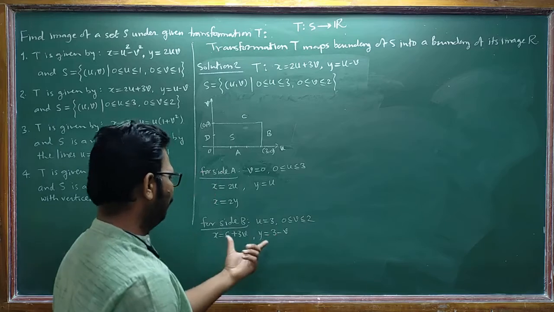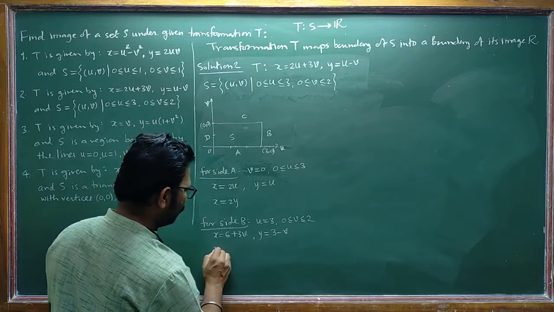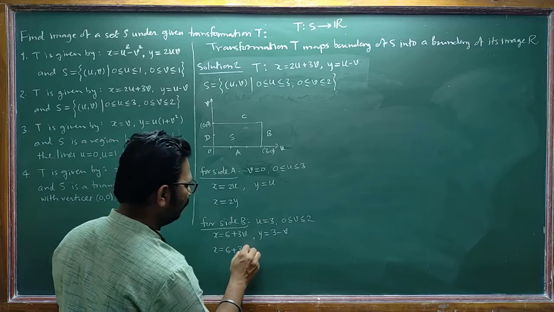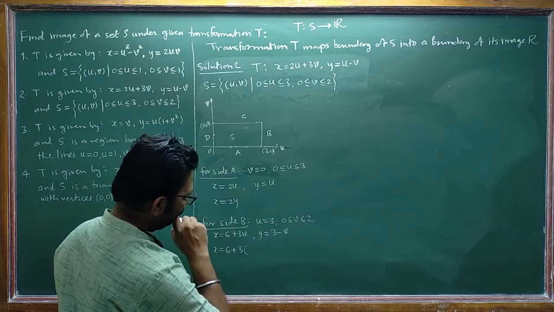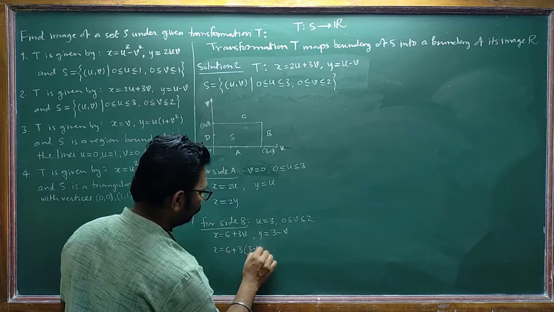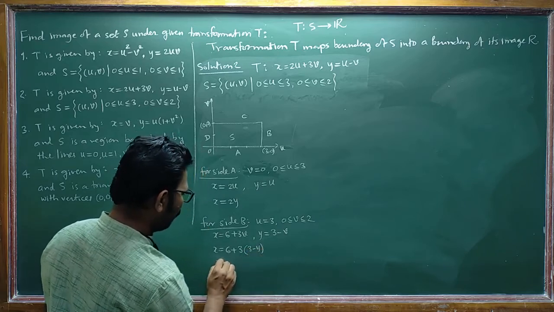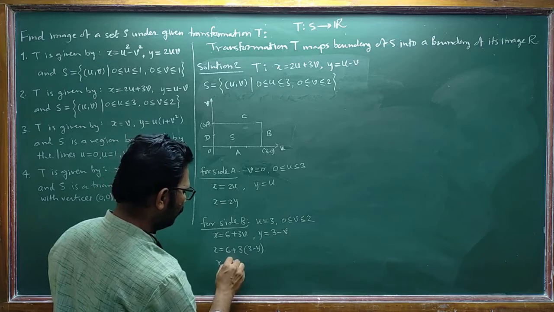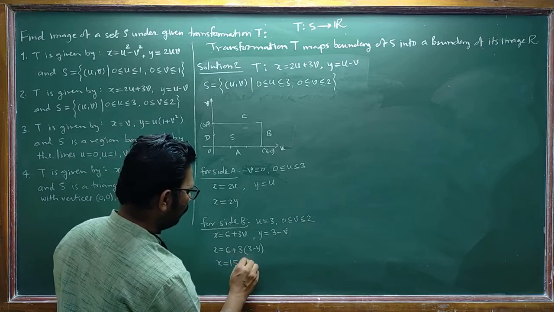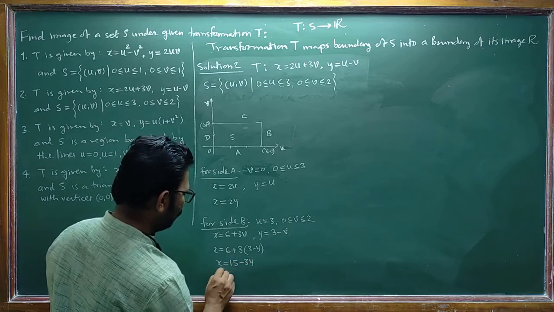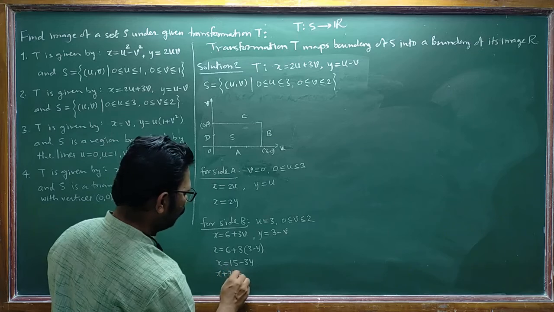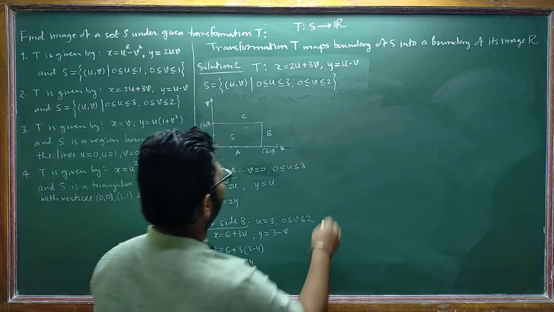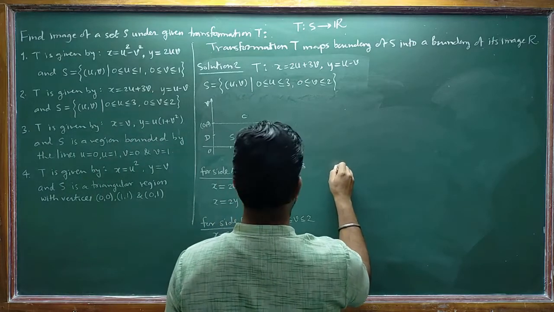Eliminate the variable v from these two equations. So what we get? X is 6 plus 3 times v, and v can be written from this as 3 minus y. So x is 9 plus 6, 15 minus 3y, or x plus 3y equal to 15. Okay.